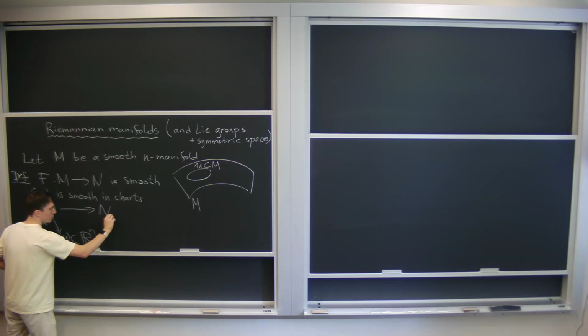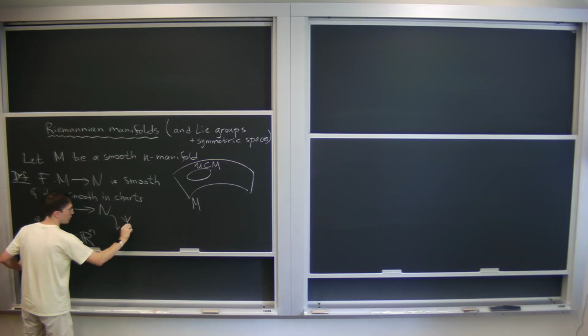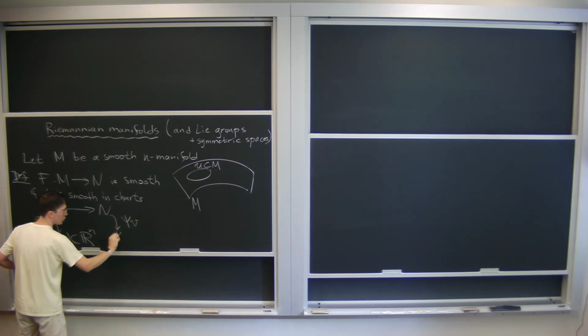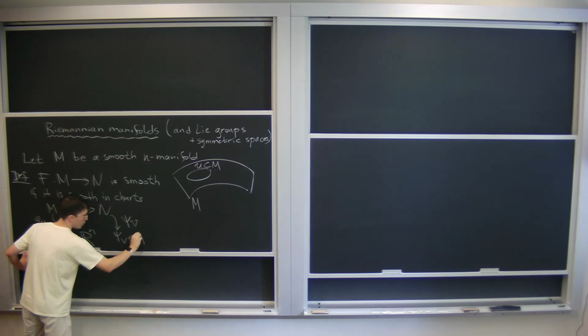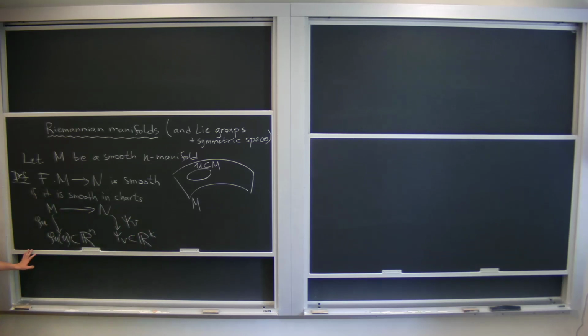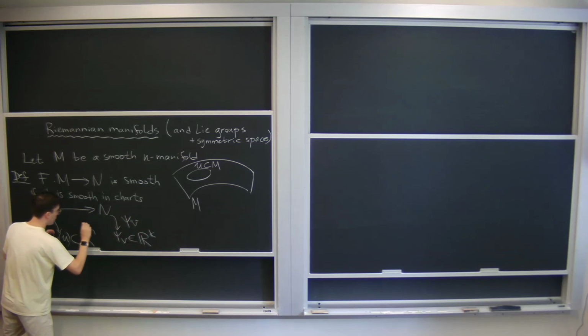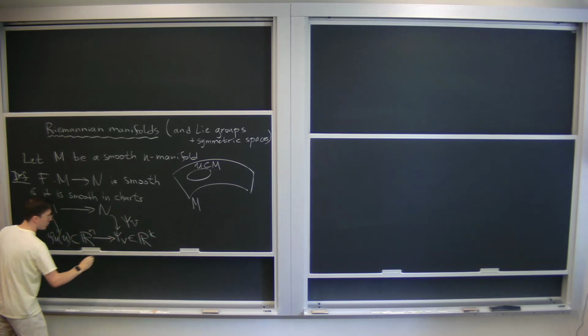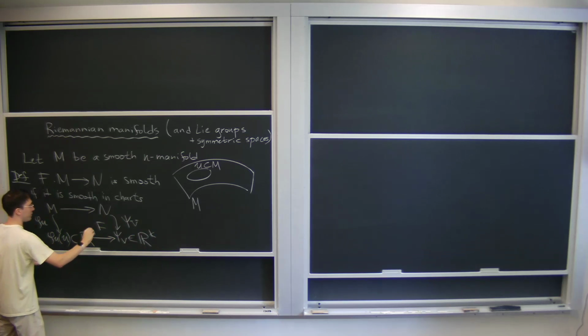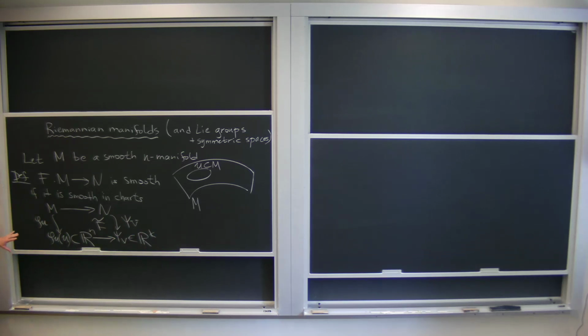Here we also have some chart psi V, and its image is sitting in Rk, suppose the dimension is k. We can pass to the map F tilde. If F tilde is smooth for every pair of charts, then our continuous map F from M to N is also said to be smooth.